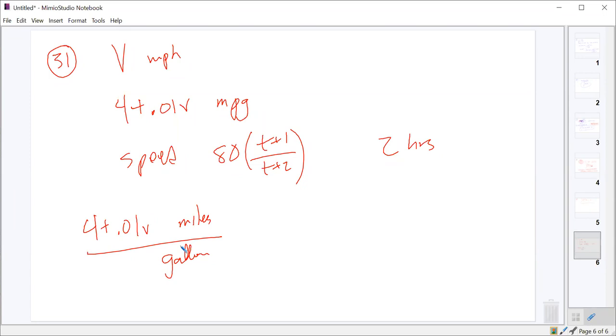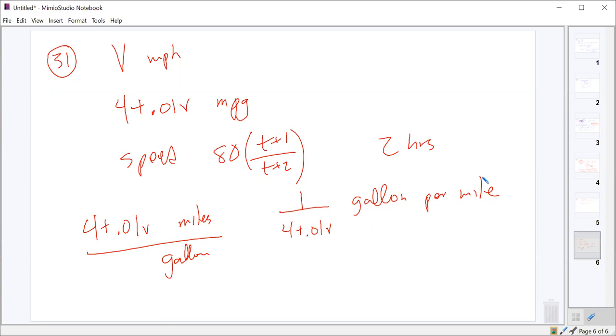We should be able to figure out how many gallons it takes to go 1 mile. So we should just be able to flip this thing over and say that it takes 1 over 4 plus 0.01 v gallons to go each mile.